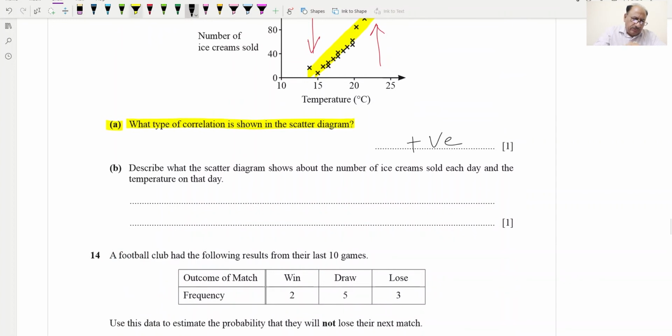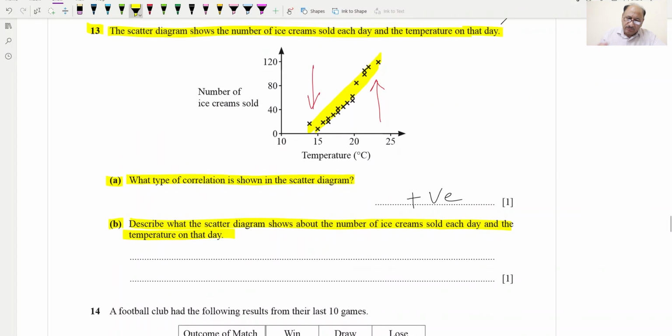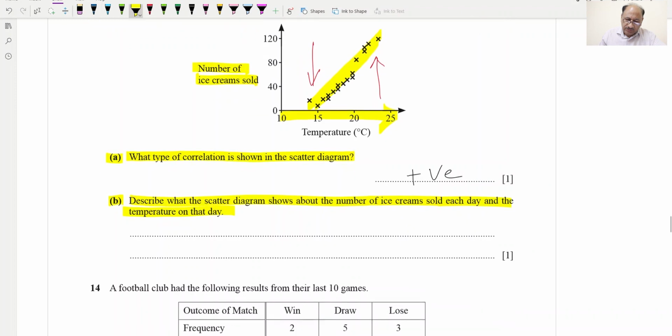Then B part, describe what the scatter diagram shows about the number of ice creams sold each day and the temperature on the day. We can see that when temperature is increasing, the number of ice creams sold is also increasing.